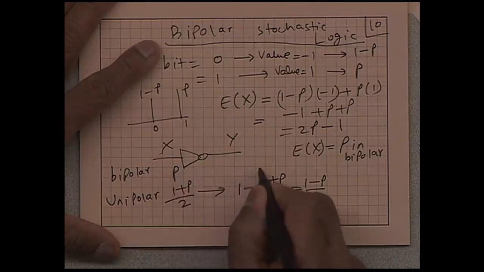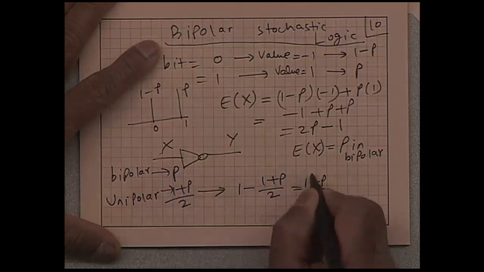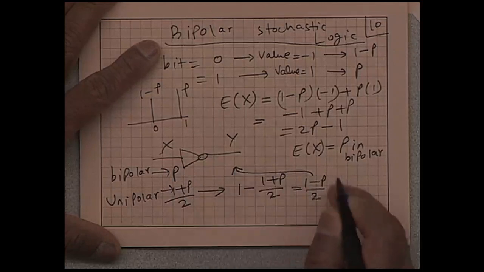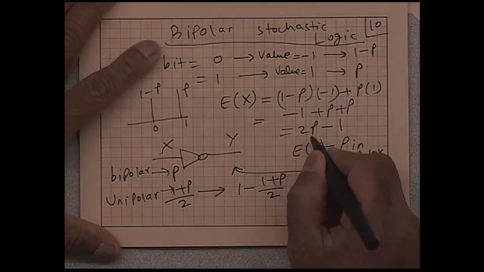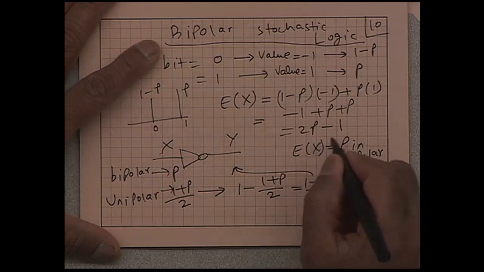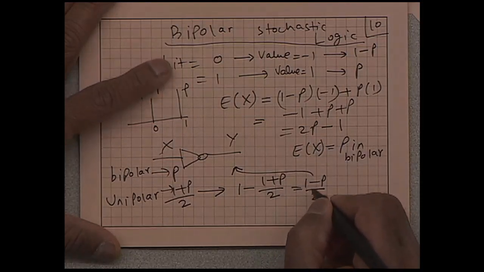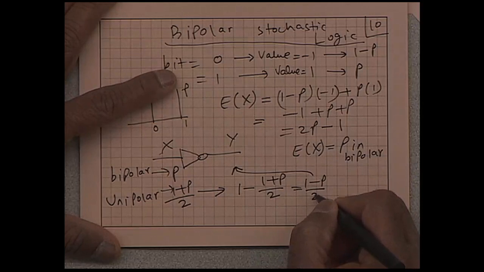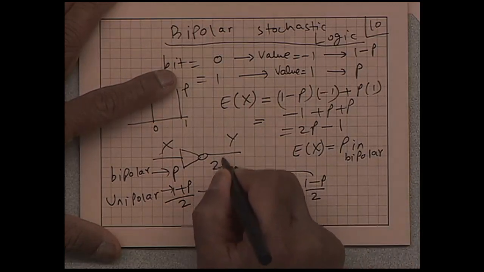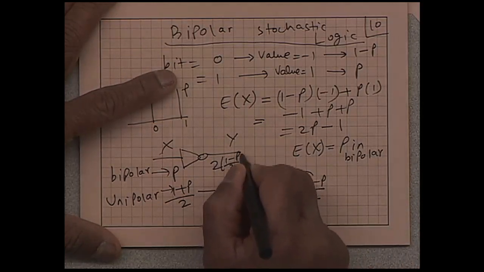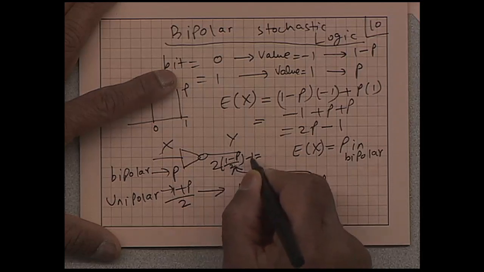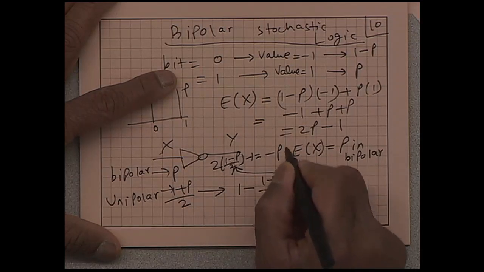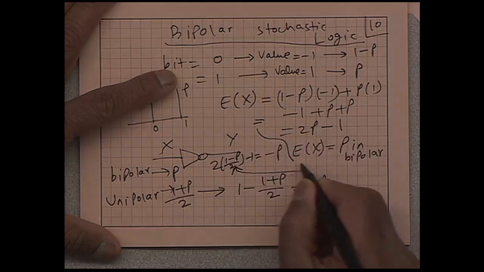That means the bipolar value is going to be, what's the bipolar value of this? Multiply the unipolar value by 2 and subtract 1, so that's 2 times (1 minus P) by 2 minus 1, the 2 cancels out, 1 minus 1 cancels out, and that's going to be minus P.